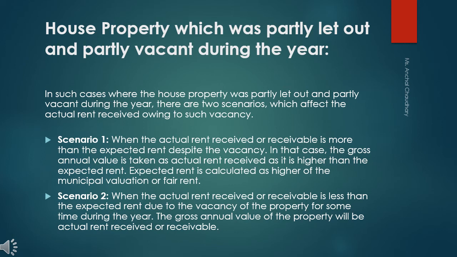In the next scenario, when the actual rent received or receivable is less than the expected rent due to the vacancy of the property for some time during the year, then in that case also your gross annual value of the property will be calculated on the basis of actual rent received or receivable.